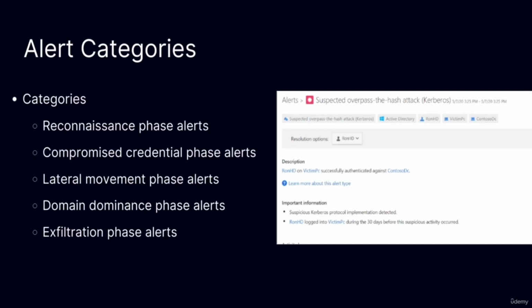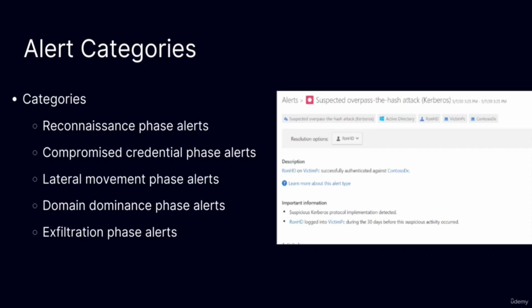The reconnaissance phase is when it is early in your environment, and your security software, in this case Microsoft Defender, is monitoring the actions of these activities that it suspects as malicious activity. Then you have the compromised credential phase, where, as the name suggests, the credentials have been compromised, and Microsoft Defender can detect that based on the activity.